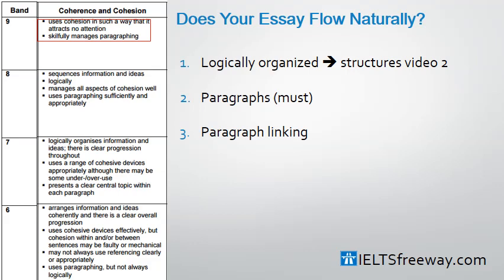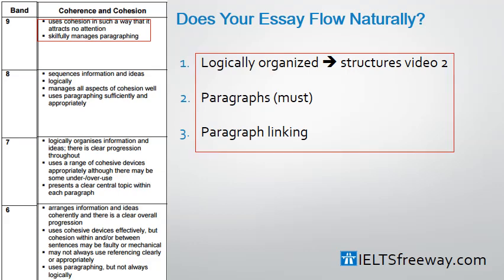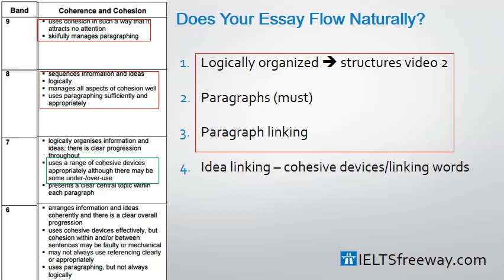Next, you can see in the green box there that it says for band 7, uses a range of cohesive devices appropriately, although there may be some under or overuse. So a cohesive device is basically linking words. You're probably familiar with words like therefore, even though, although, however.